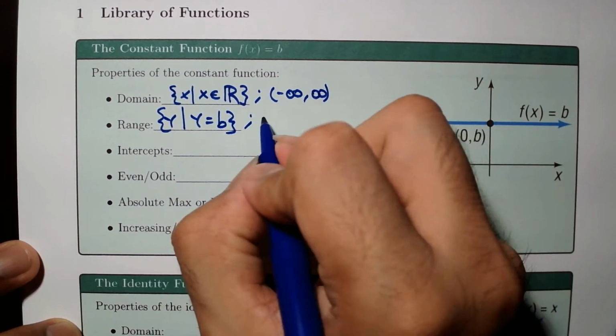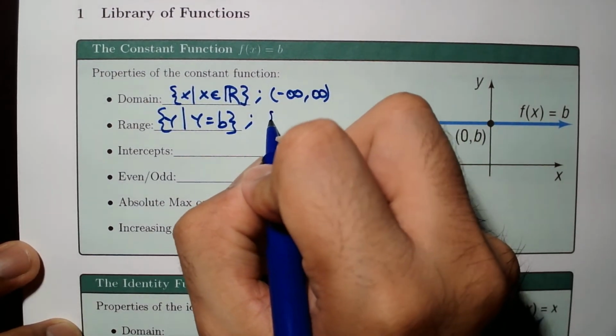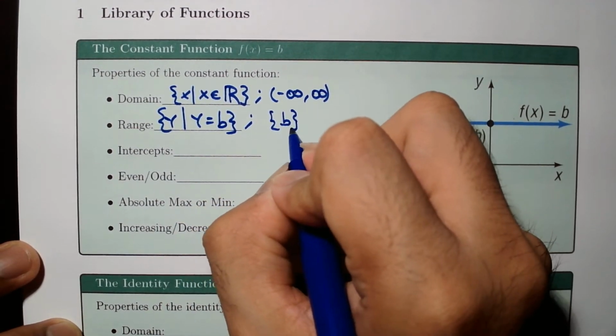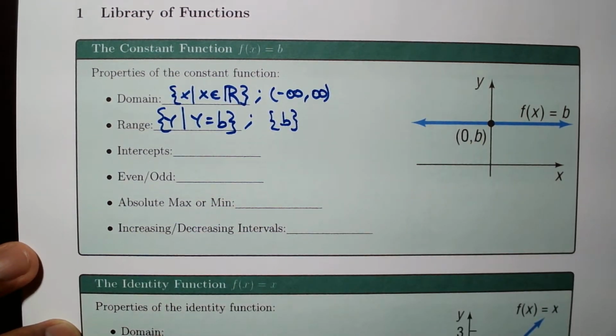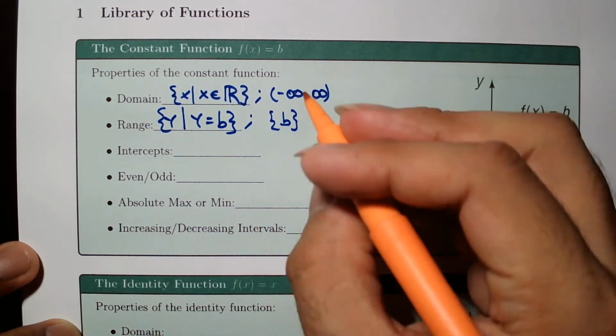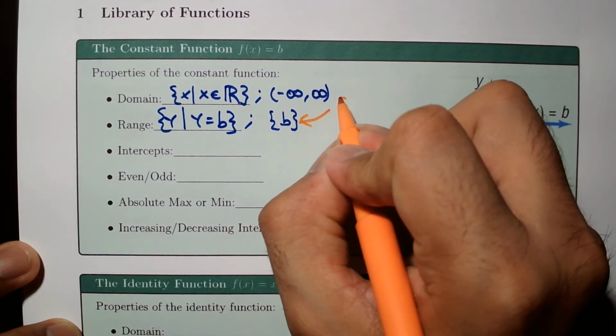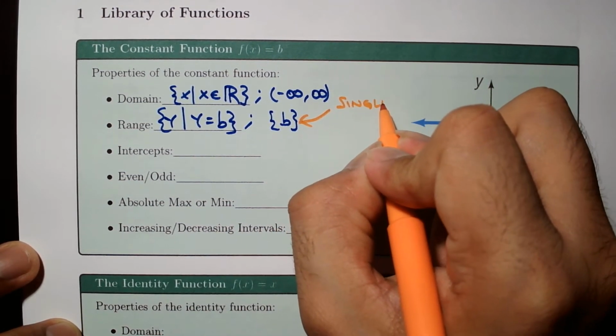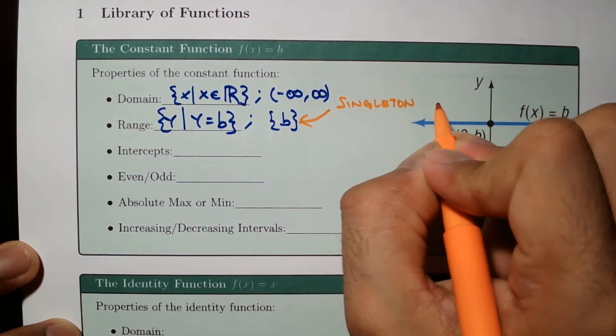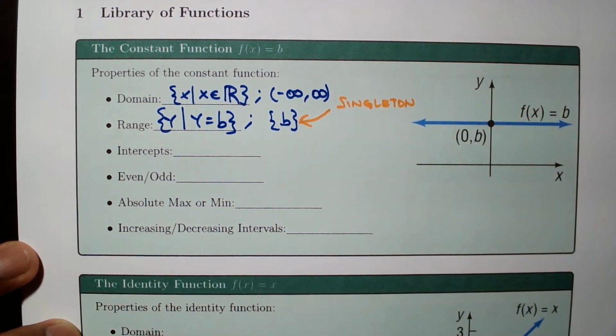It's not an interval. It's just the value b. In this case, this is a special notation called a singleton. That's when it's not an interval, when it's just that value.